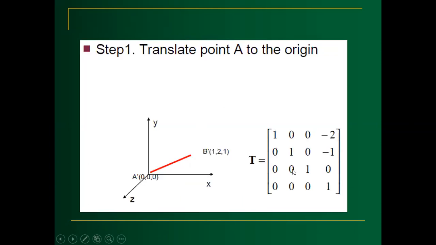Subtract 210, it will now become 121. Subtract 2 from 3, it is 1. Subtract 1 from 3, it is 2. Subtract 0 from 1, it is 1. So this is first step. That is bringing the axis to the origin, especially bringing the P1 to the origin. If you bring P1, obviously P2 follows. So this is step 1.